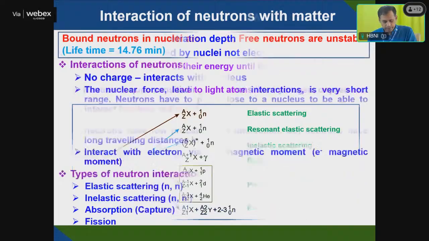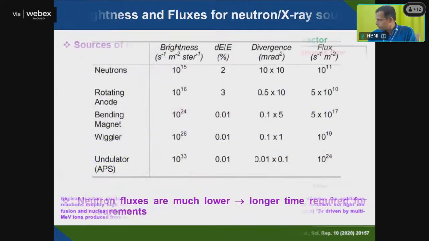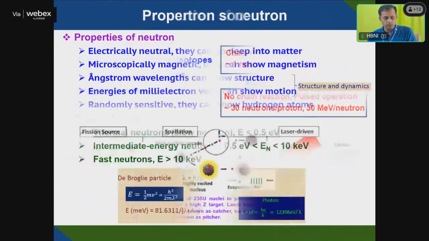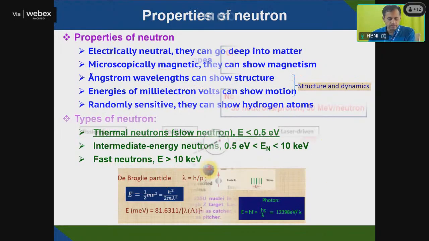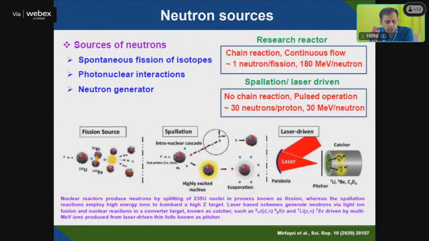So I'll discuss a little bit of basics about neutrons before going to the details. If you see the neutron, mostly the source is the spontaneous fission reaction. So you can produce neutron by a spontaneous fission reaction, for example uranium, by slow neutron interaction, you can get 2 to 3 neutrons from this.